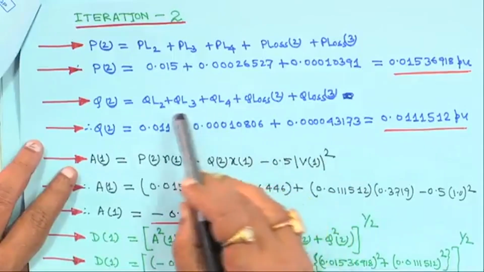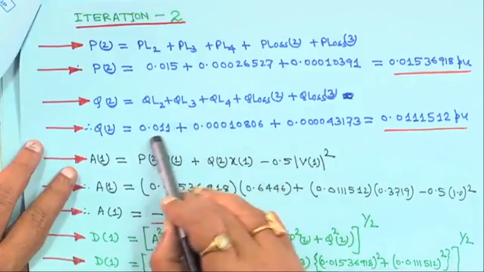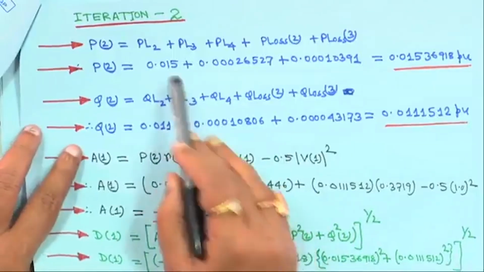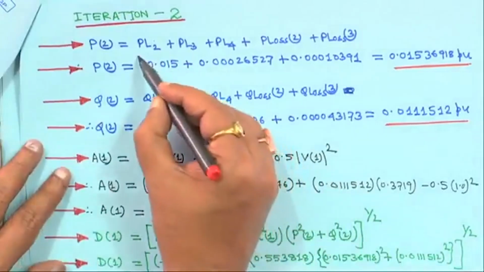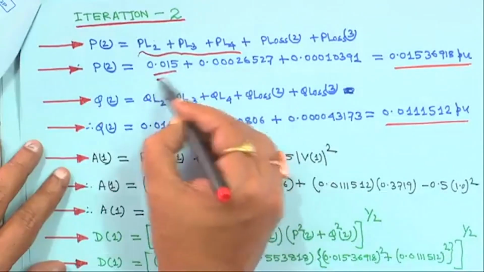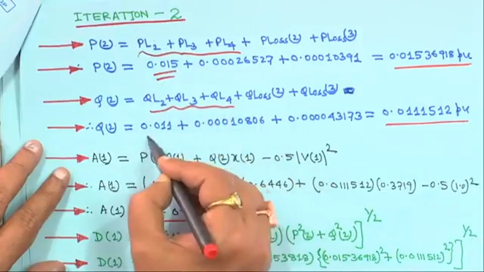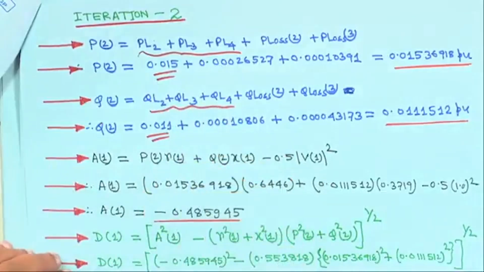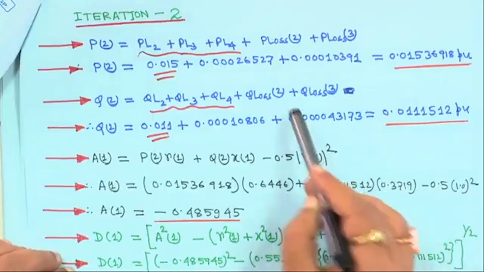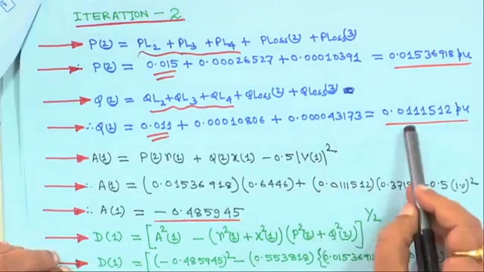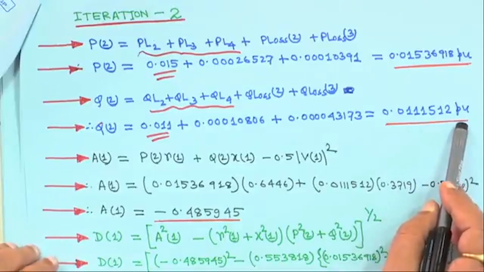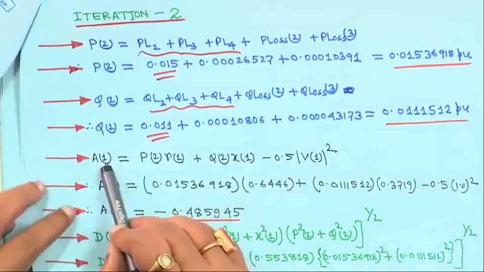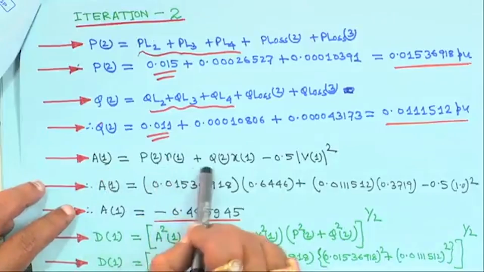QL2 plus QL3 plus QL4 we have already computed previously, 0.011. So, it is coming 0.0111512 per unit, right.